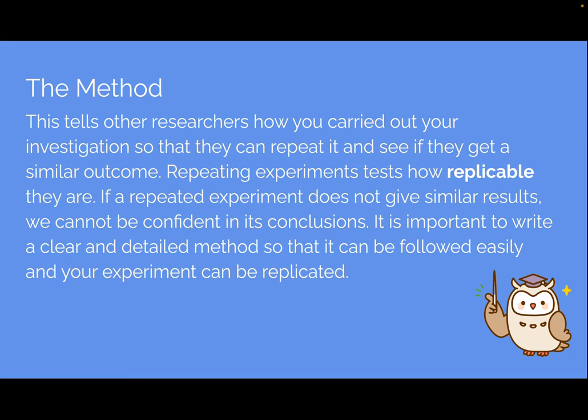For example, if you're testing a medicine on depression, and one study shows that it has a positive effect, but another study repeated the same way shows that it has a negative or neutral effect, then you cannot rely on the first study and say this medicine is fine, because the other study showed that it didn't work the way that it was supposed to. So it's important that our experiment has good instructions so that it can be repeated and we can find out if its results are replicable.